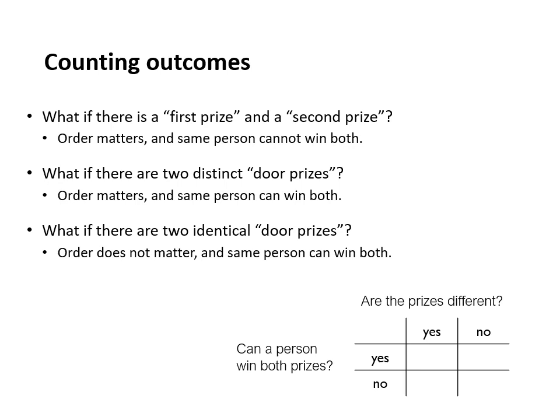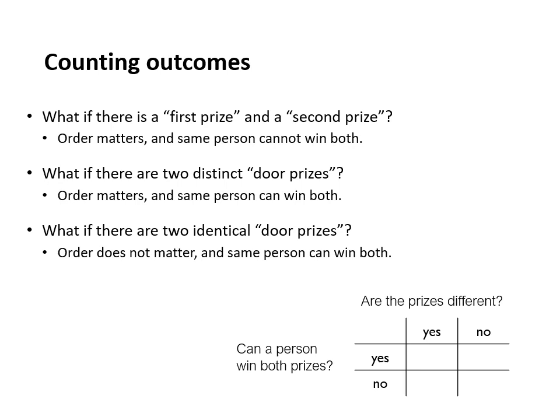Now, one thing to note here is that it is really important to determine whether there is a first prize and a second prize. So meaning whether the order matters and whether the same person can win both. So in the previous slide, we saw the case where the same person cannot win both prizes, and the prizes are not different, meaning the order of how people win them does not matter.